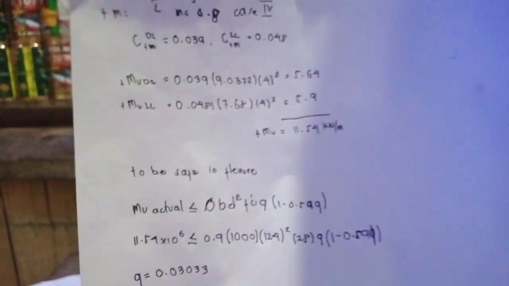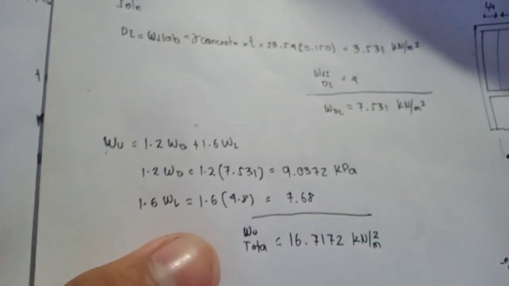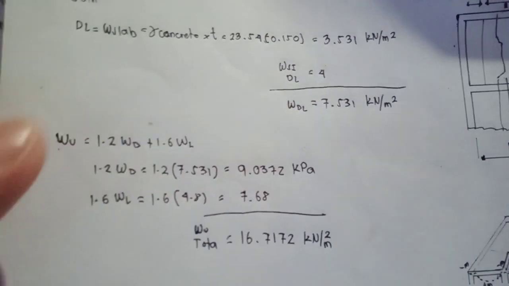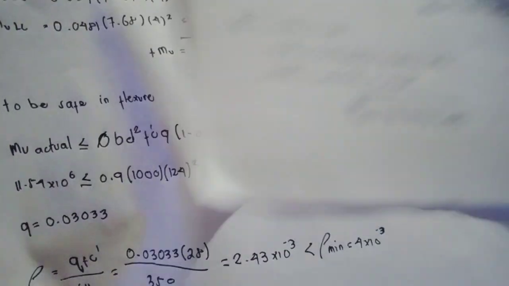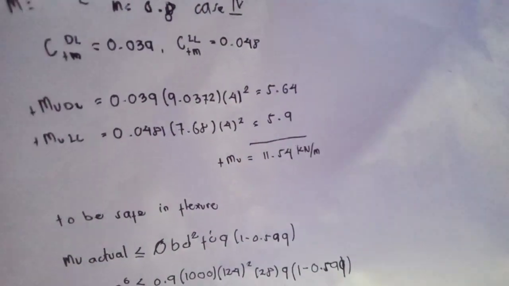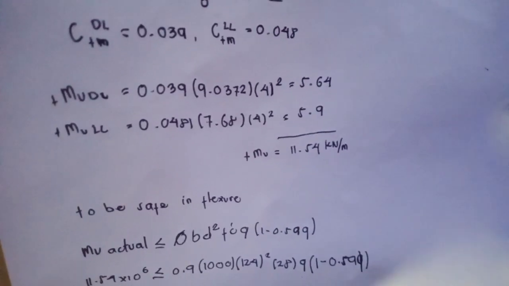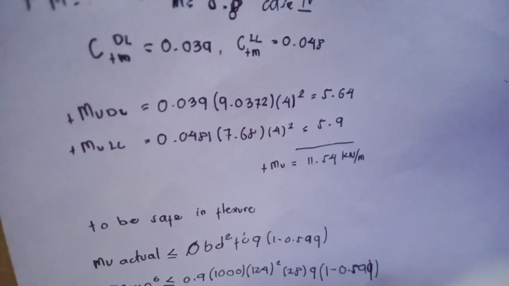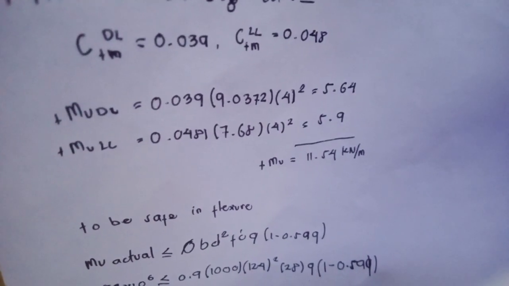So this one is the W dead load, and our short span is squared. Our S is 4. So the answer is 5.64.